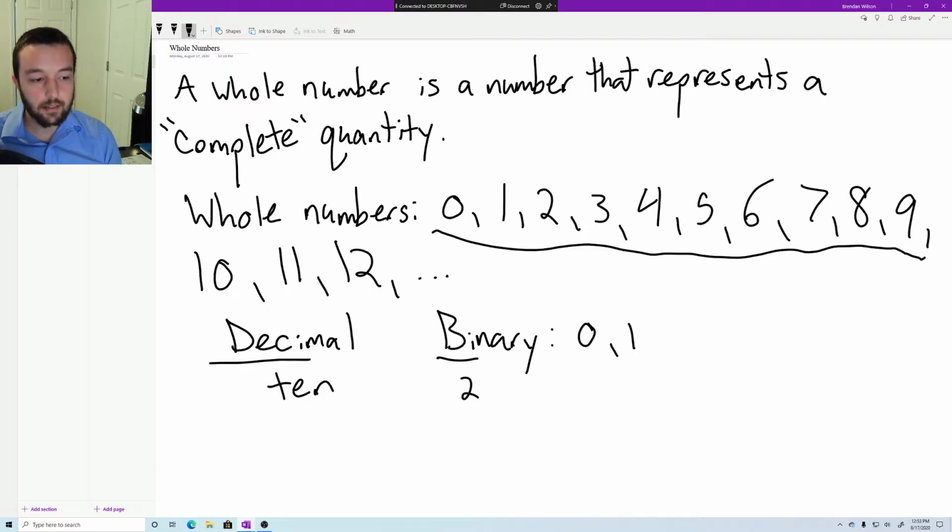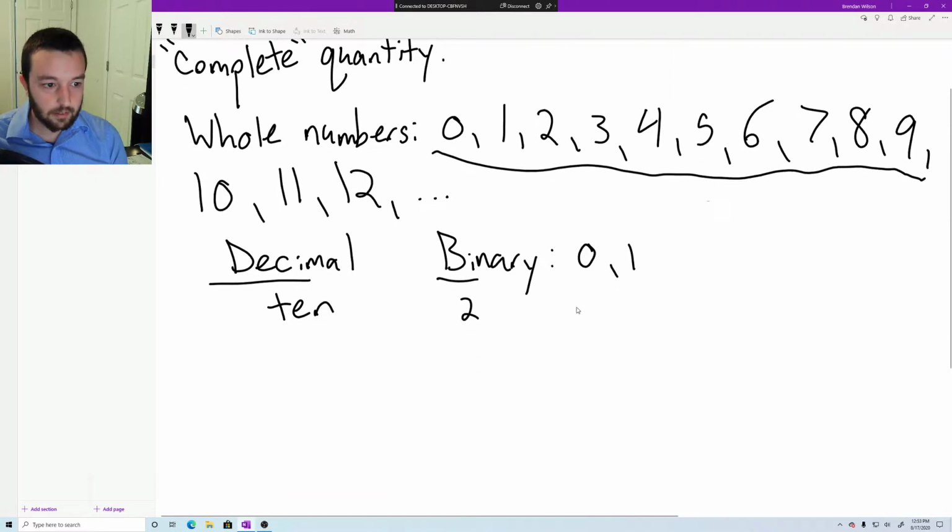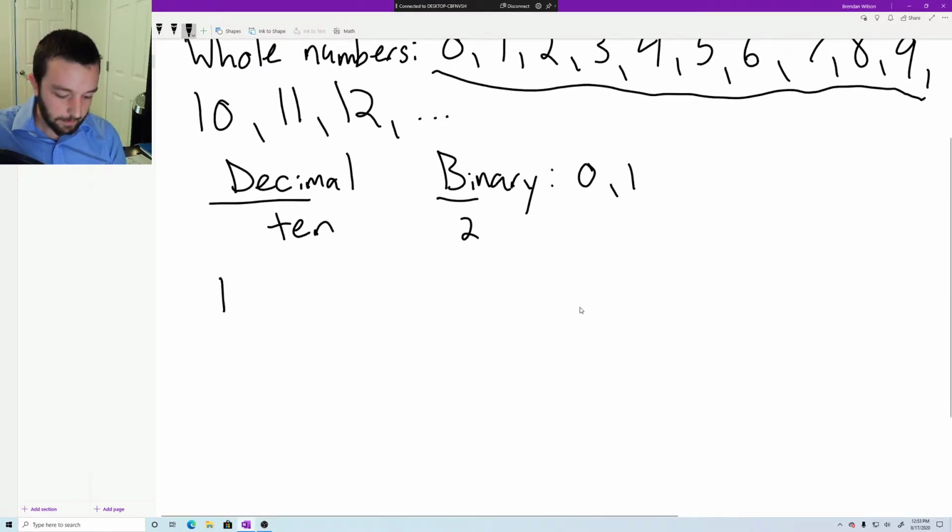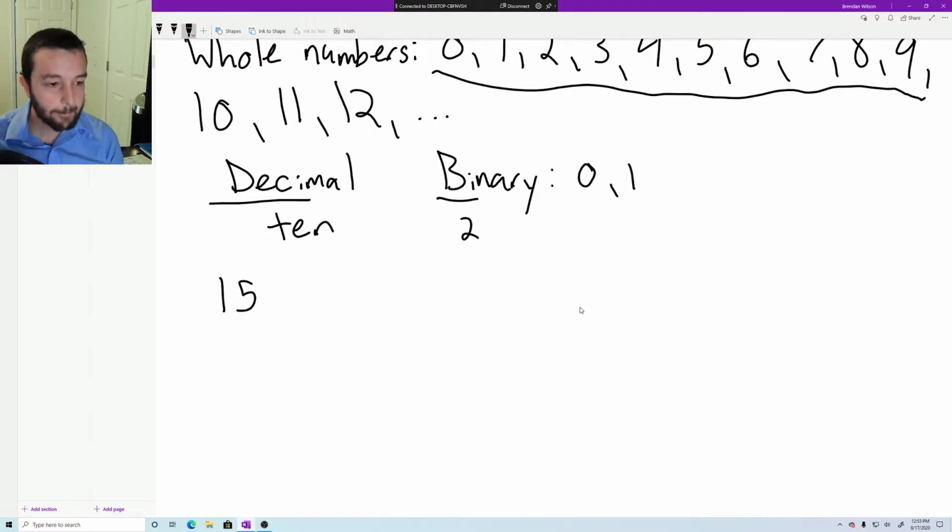Okay, and the combinations here, we keep track of what numbers it's representing by using what we call place values. Okay. So let's look at a small number first. Let's look at the number 15, right? So the number 15, we have 2 digits. We have a 1 and a 5. So how do we know what quantity this represents?